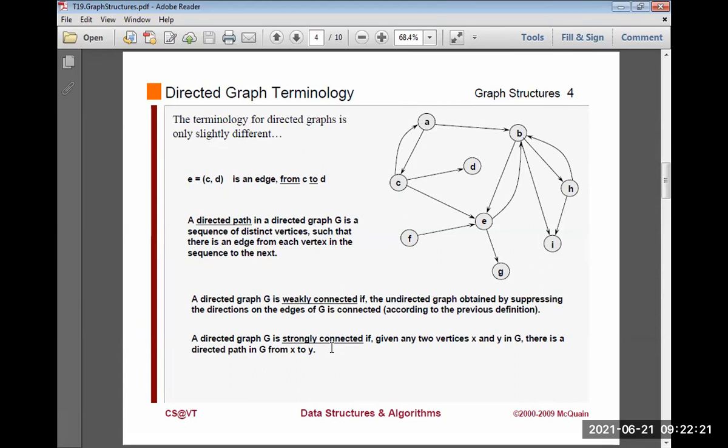If in the graph all vertices are connected one to one, then we call it strongly connected. So what is strongly connected? If given any two vertices x and y in G, there is a direct path in G from x to y, then we call it strongly connected. If there is no direct path from x to y, and we traverse some path and then visit that one, we call it a weakly connected graph.